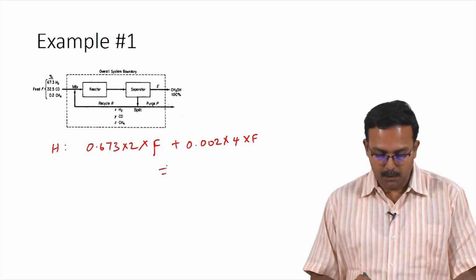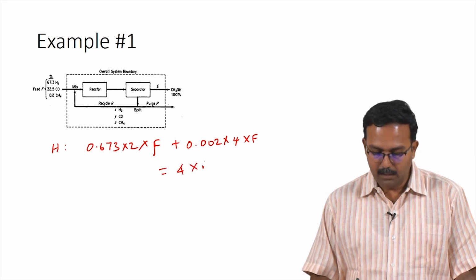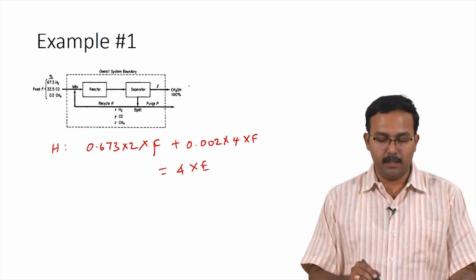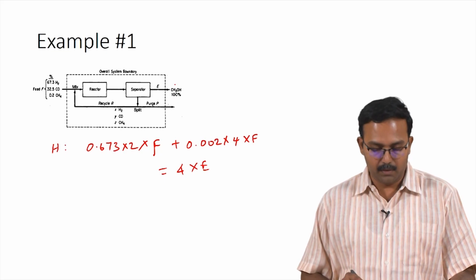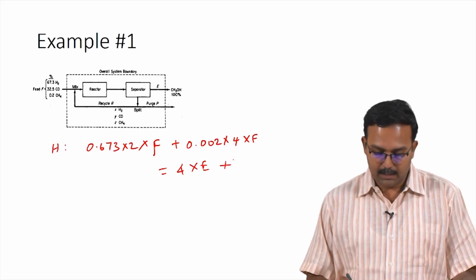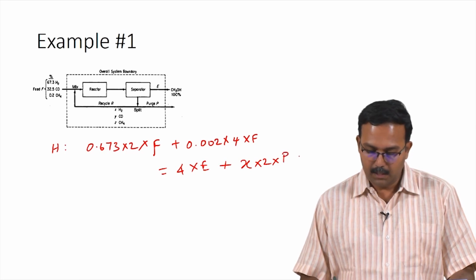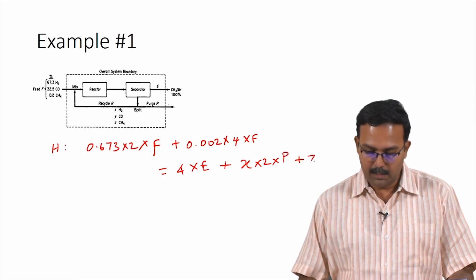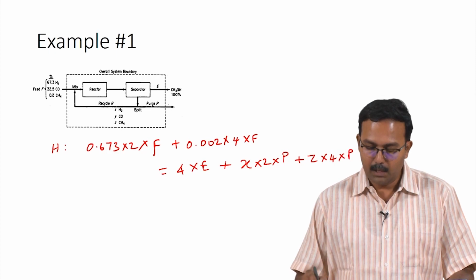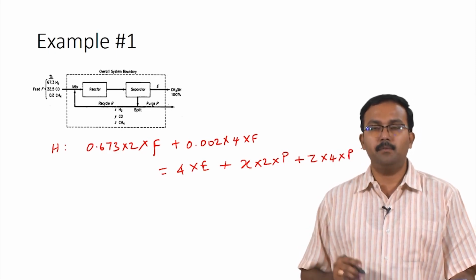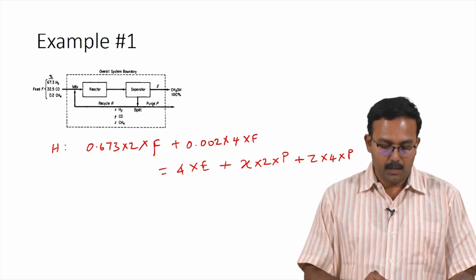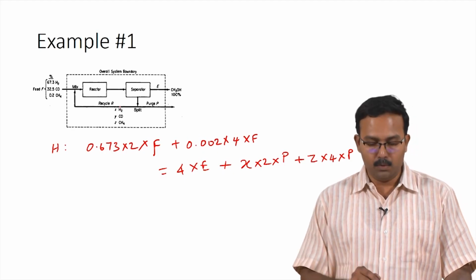The output would be 4 times E, which is 4 atoms of hydrogen leaving with every molecule of methanol, plus X times 2 times P plus Z times 4 times P, which would be the number of atoms of hydrogen leaving per molecule of hydrogen and methane through the purge stream.